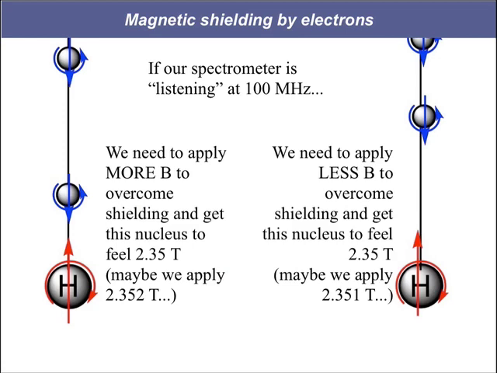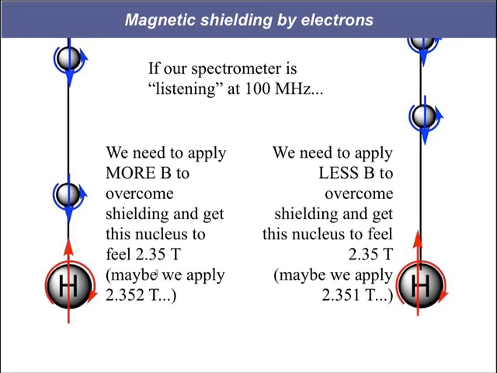All right, so again, I want to make this as clear as I can. If our spectrometer is listening at 100 megahertz, so we are looking at resonance frequencies at 100 megahertz, so nuclei precessing at 100 million times a second, we would need to apply more magnetic field to overcome the shielding and get this nucleus to feel 2.35 Tesla.